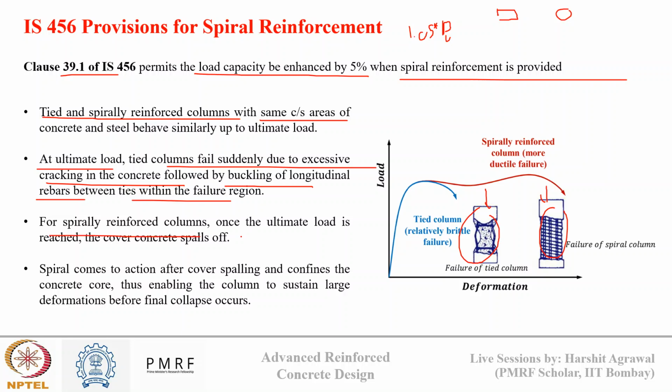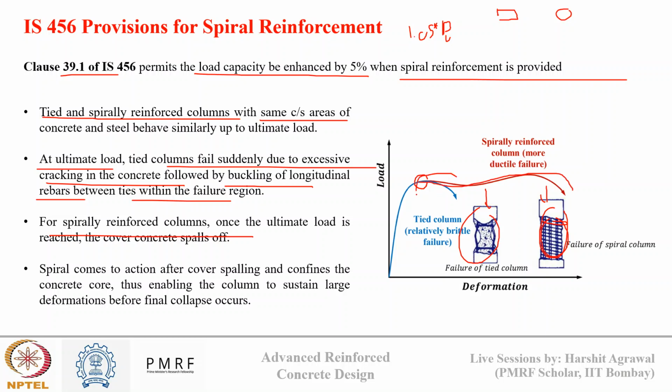However, in spiral reinforcement, once this ultimate load is reached, the concrete cover will fall off, but there will be no buckling in the reinforcement due to the spiral action we have provided. The spirals confine the concrete core and don't allow the steel to buckle, and thus the failure is delayed.